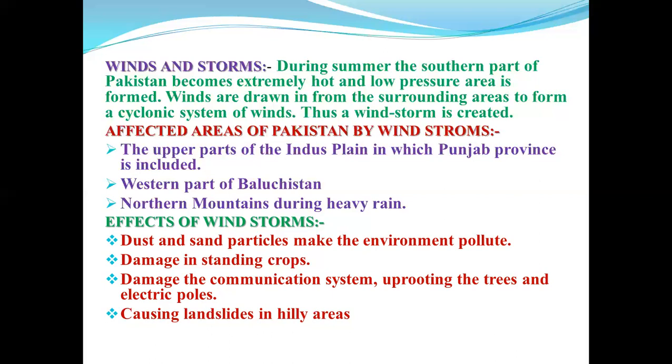Number 3, damage to the communication system, uprooting the trees and electric poles. In windstorms, the communication system is disturbed, trees are uprooted, and electric poles cannot stand. There is a big loss of all these three systems.